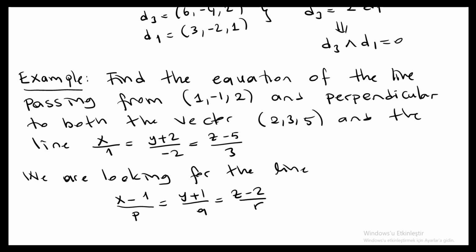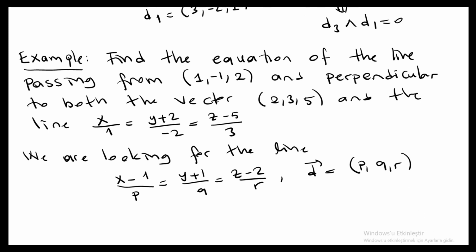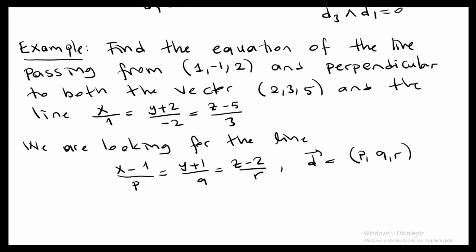So our d, the direction vector, is p, q and r. Looking at the problem, d is perpendicular to both the vector 2, 3, 5 and the line.